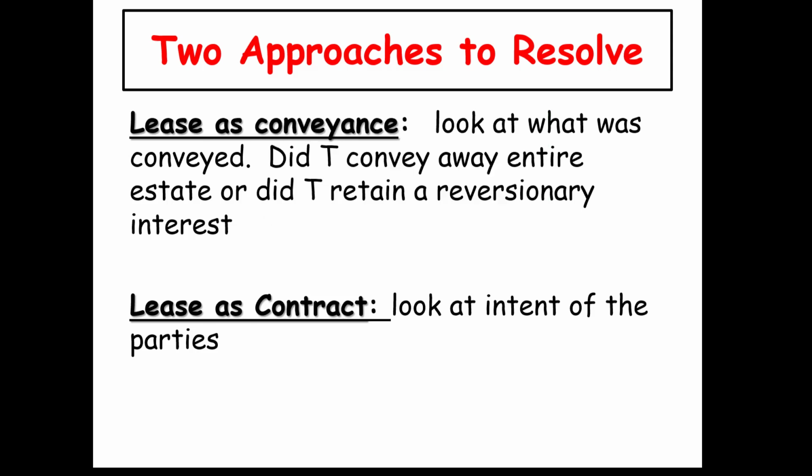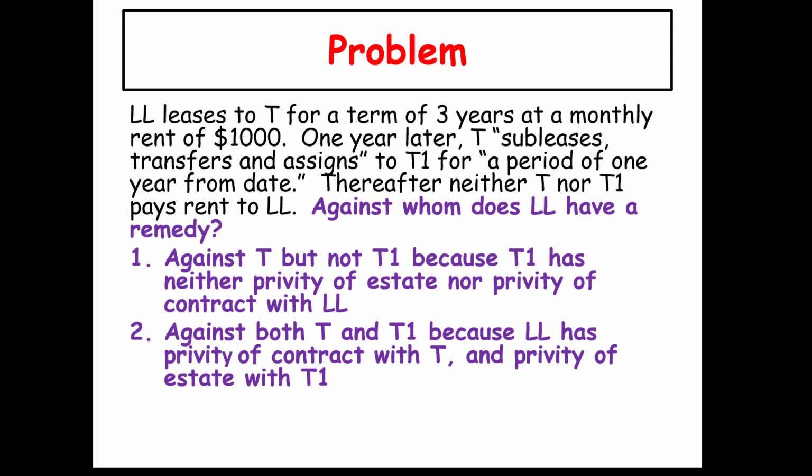Okay, so let's look at the consequences of subleasing and assigning. Here's a problem. The landlord leases to the tenant for a term of 3 years at a monthly rent of $1,000. 1 year into this 3-year lease, the tenant subleases, transfers, and assigns, that ambiguous language, to T1 for a period of 1 year. And thereafter, neither the tenant nor the new tenant pays rent.